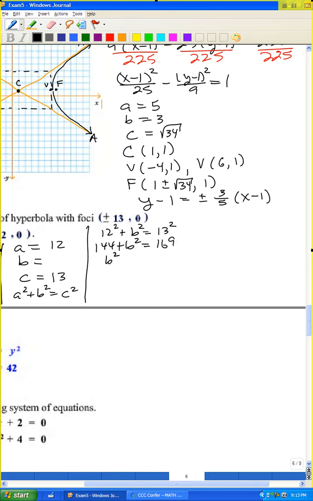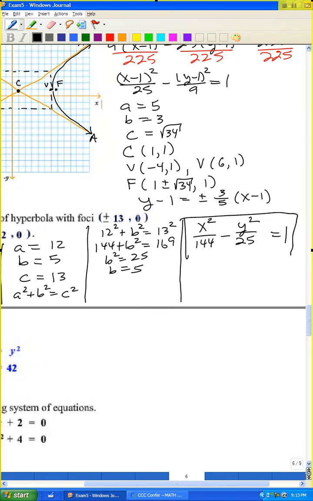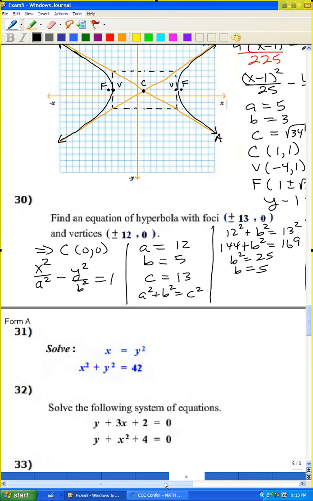Subtract 144 from both sides. So b equals 5. Therefore, the equation of the hyperbola is x squared over 144 minus y squared over 25 is equal to 1. And that is the equation of your hyperbola. Hopefully I said hyperbola. I'm not sure. But it is a hyperbola.